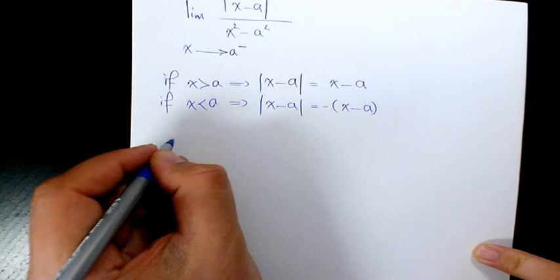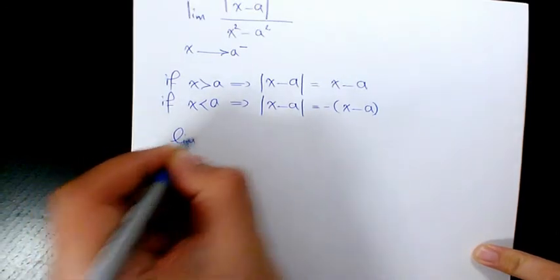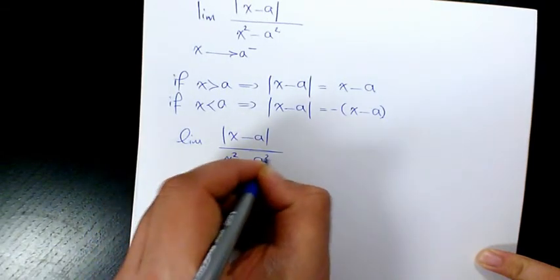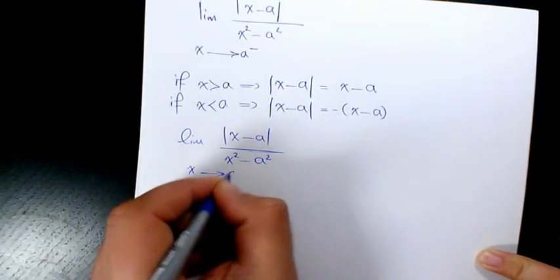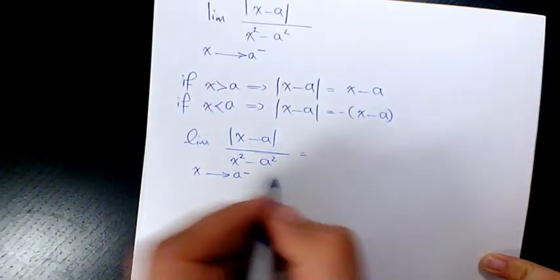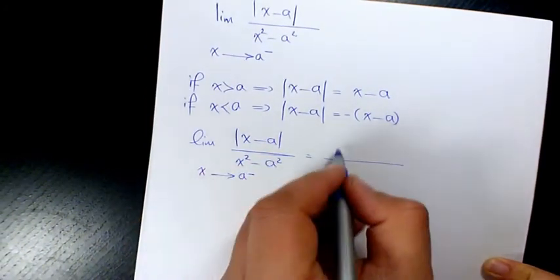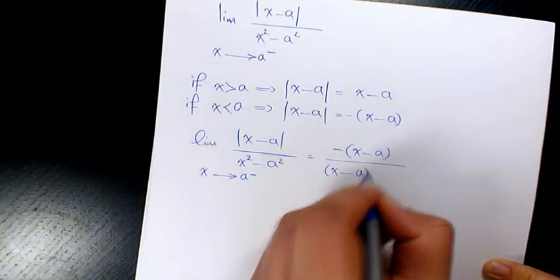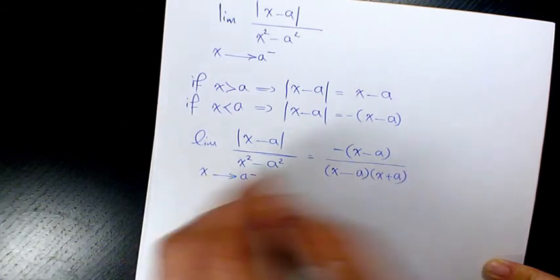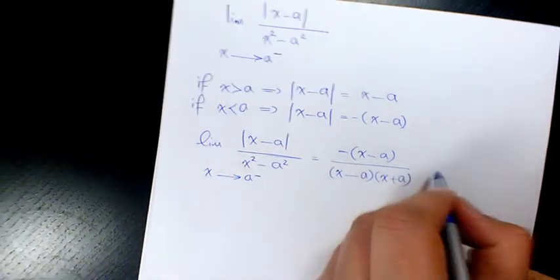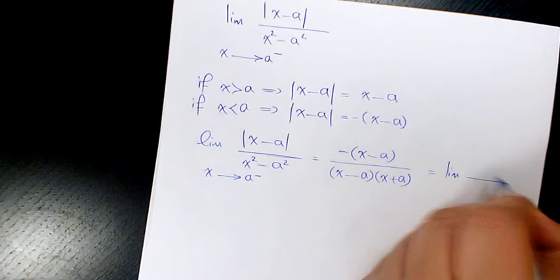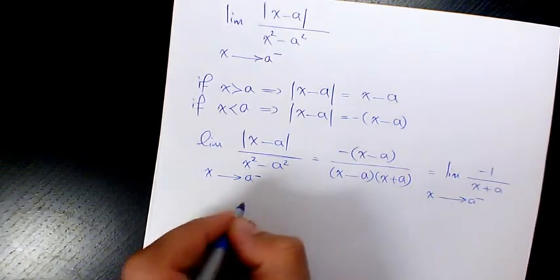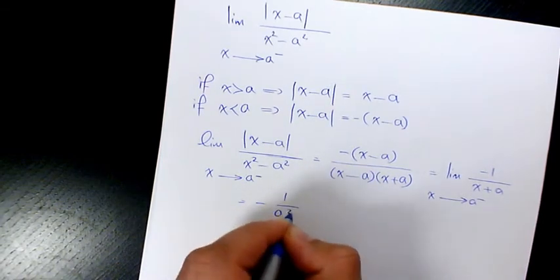So the limit when x is approaching a minus, the left limit, is negative x minus a over x minus a times x plus a. That's the difference of squares, so we can cancel numerator and denominator. So it's going to be the limit of negative 1 over x plus a when x is approaching a minus. That's going to be negative 1 over 2a.